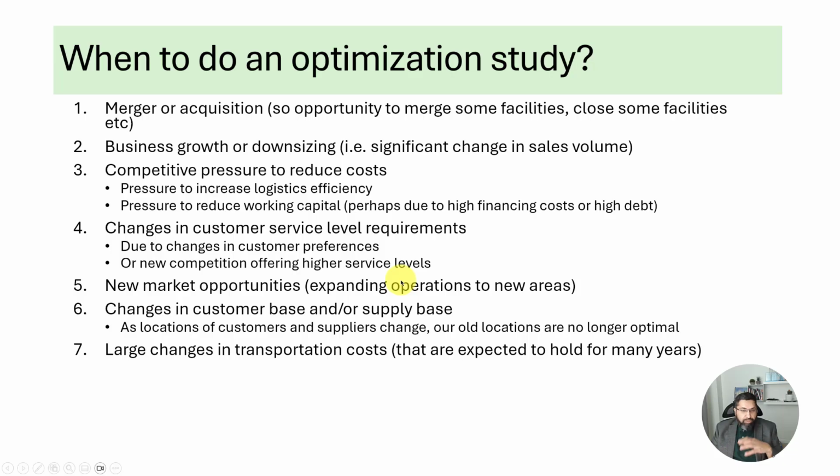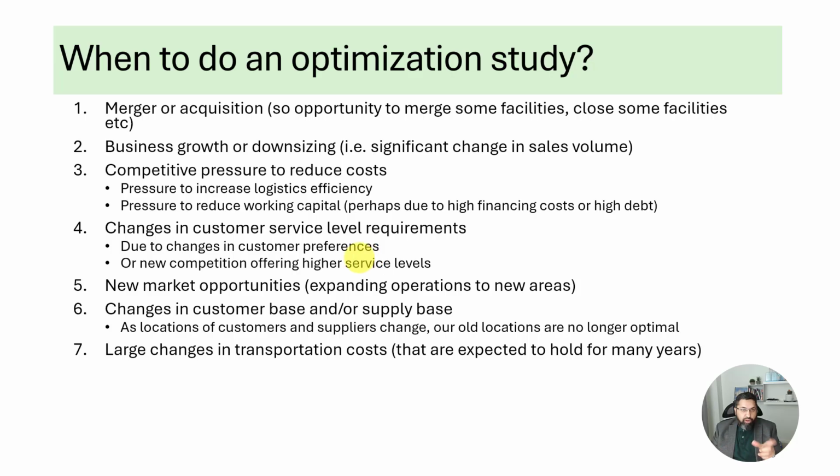Large changes in transportation costs that are expected to hold for many years. Your model optimized the total of transportation cost, facility cost, fixed cost, and all of these things. And now those trade-offs have changed because transportation costs have increased. And so it might be worthwhile to have more facilities, have a little bit higher facility costs, but really reduce your transportation expense because these facilities are closer to the customer.